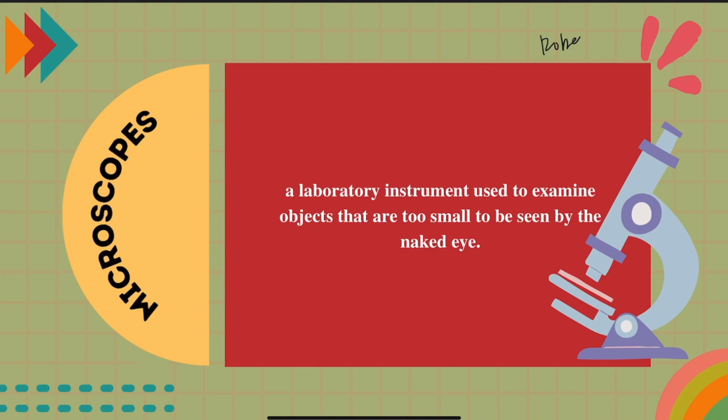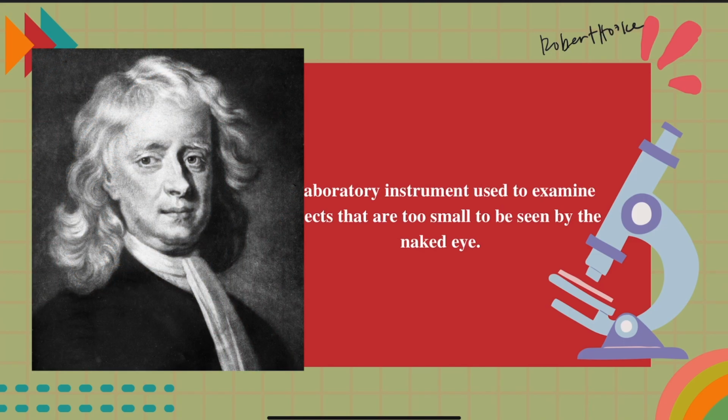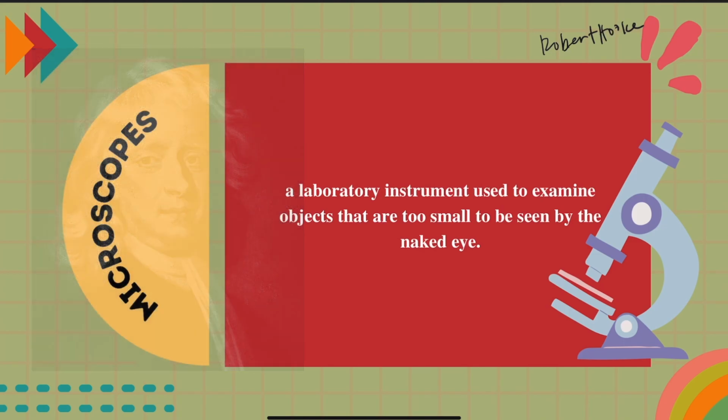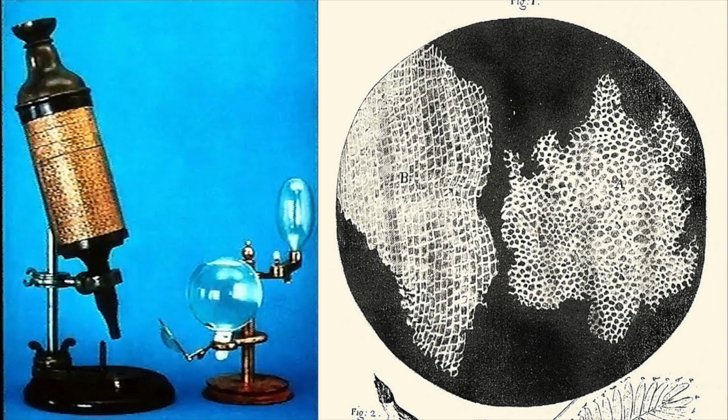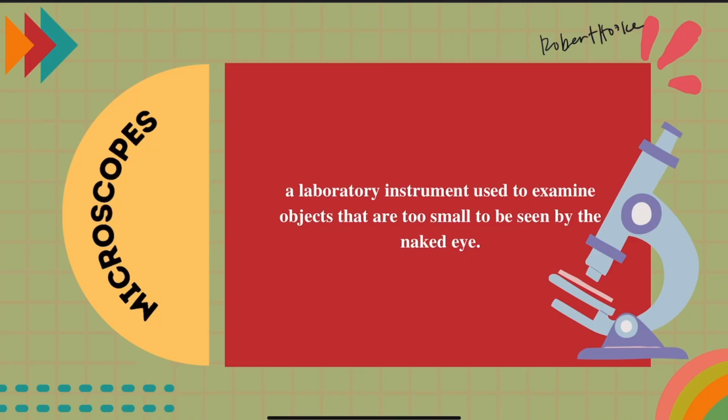Robert Hooke famously discovered plant cells while using this instrument, and he was able to describe their appearance that look like this, and he thought that it looks like the cells or the places where monks pray. That's why he named it cell.